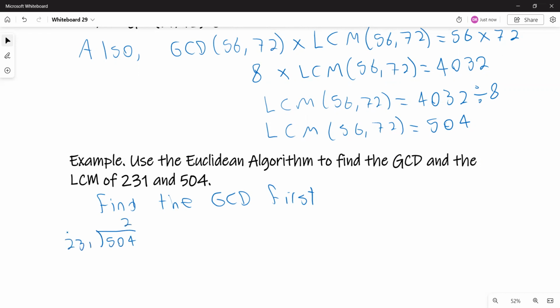Okay, so let's divide that. The remainder is not 0, so we're going to repeat the process. We're going to divide the remainder into the previous divisor.